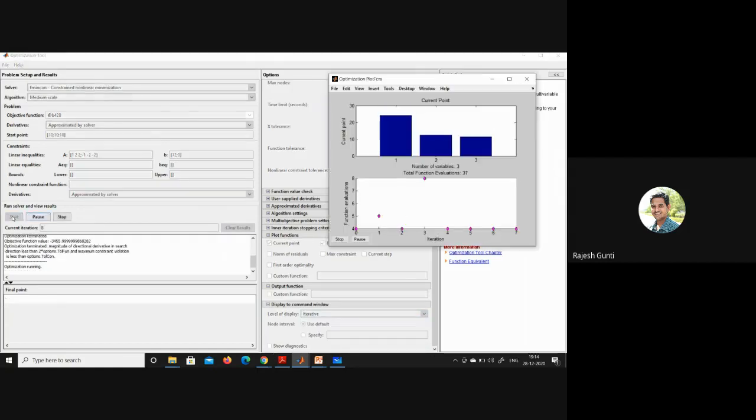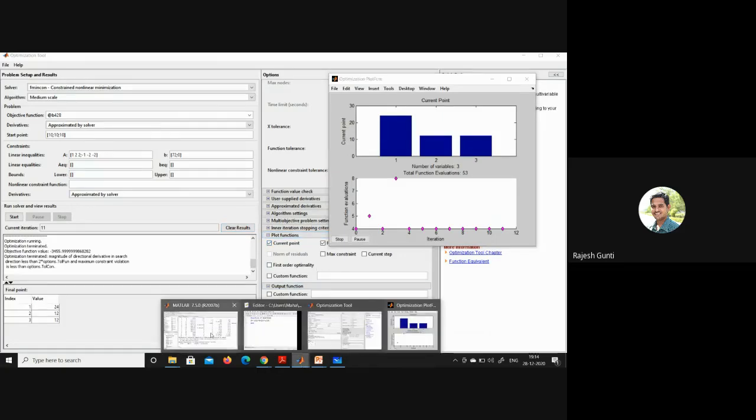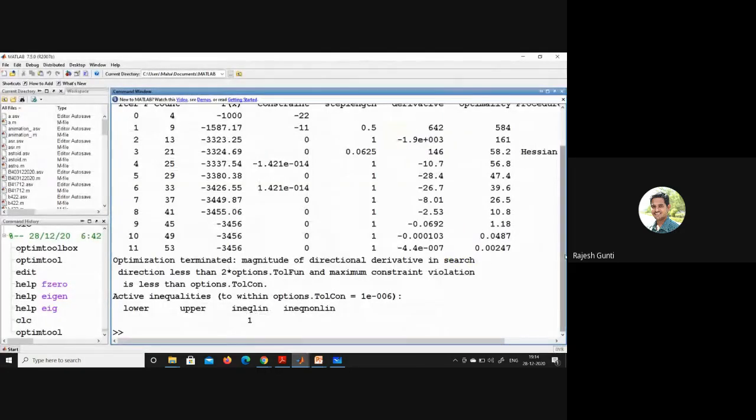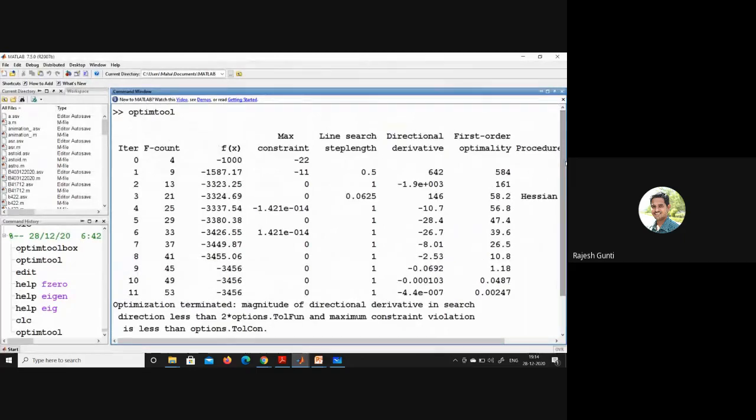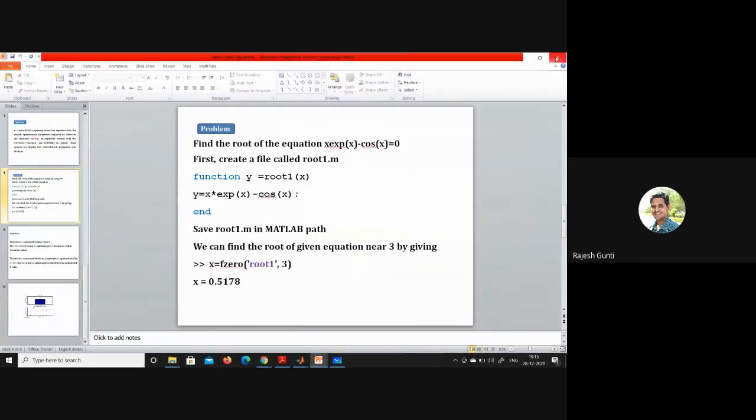Check it. You get everything in total iterations in the command window. That is options we iterative I have seen. We have seen this type of output in that F0 and F7. That is options. We have used options command. We'll close this.